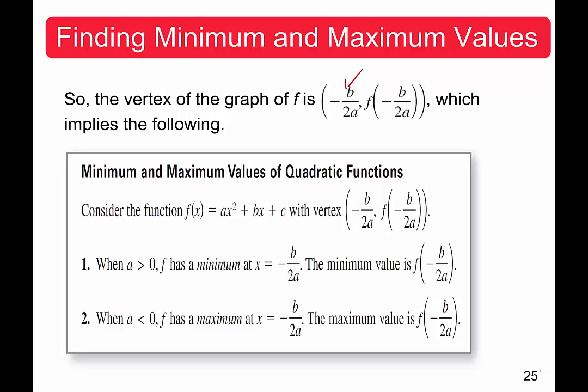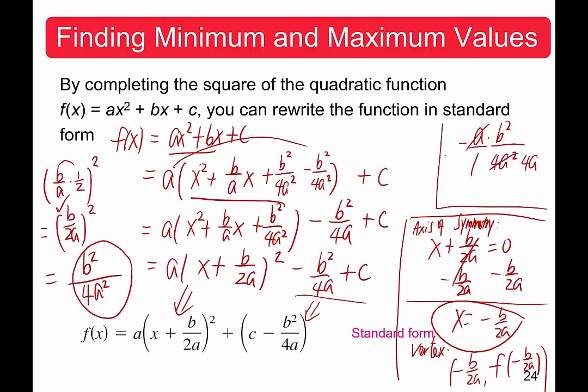In this case, we generalize to any quadratic function. So the vertex has x coordinate negative b over 2a, and for the y value, we put the x coordinate into the function, and we get that. Actually, the y value should be c minus b squared over 4a.